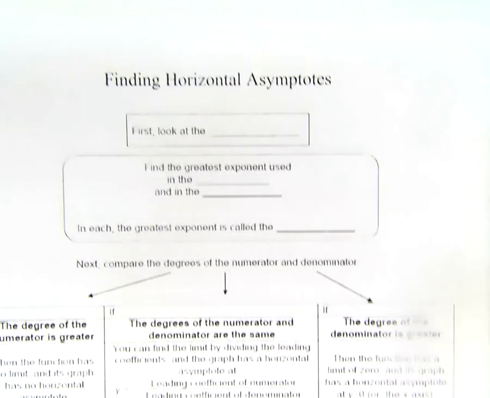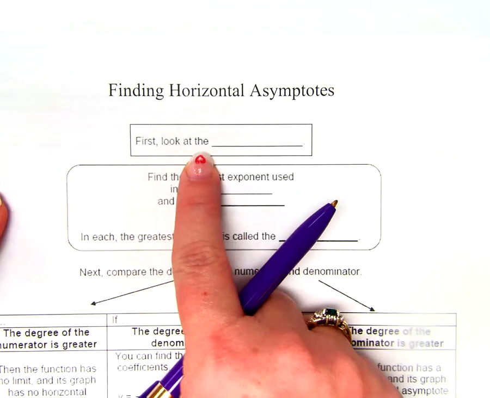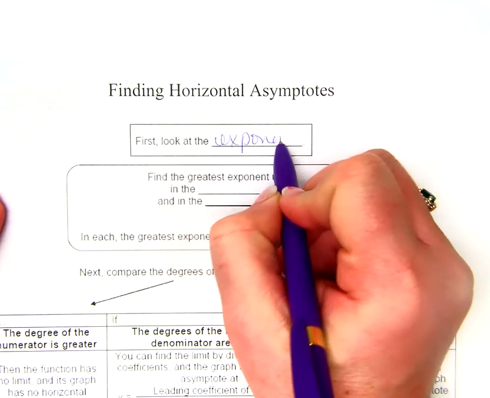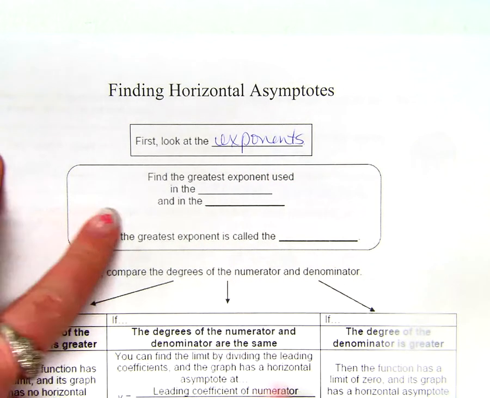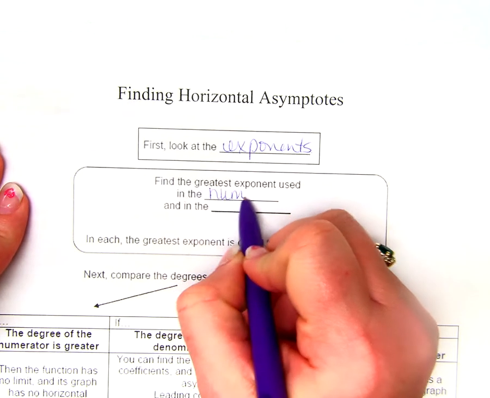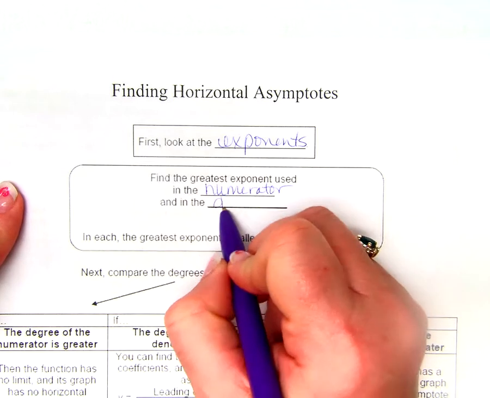I want to fill in this paper for you really quickly. Okay? This is just going to be a notes page. So when we're finding the asymptotes, first we need to look for the exponents. Okay, first look at the exponents. Find the greatest exponent used in the numerator and find the greatest exponent used in the denominator.